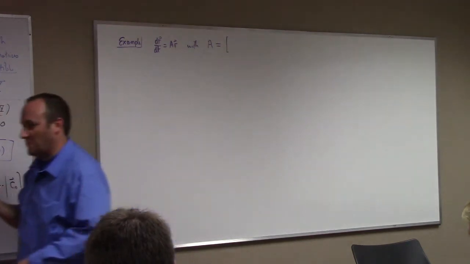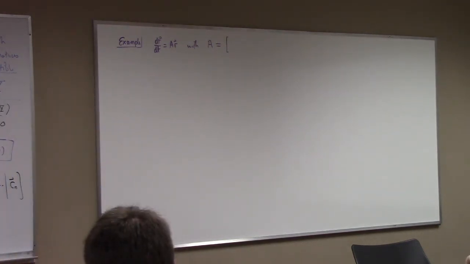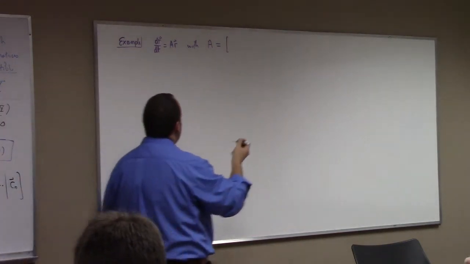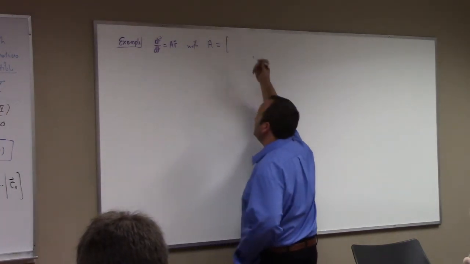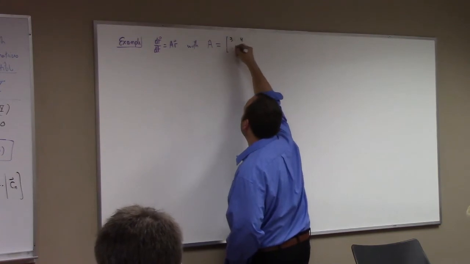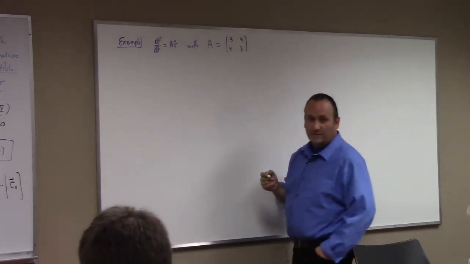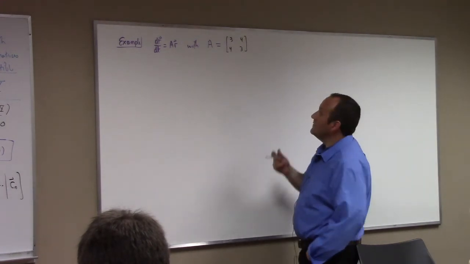I don't want to do another one from scratch here. I mean, I guess we could. Here, I'll do one from scratch. Why not? It's probably good for you to see another. What if we had 3, 4, 4, 3? I know I can work this one out and it won't be too ugly.